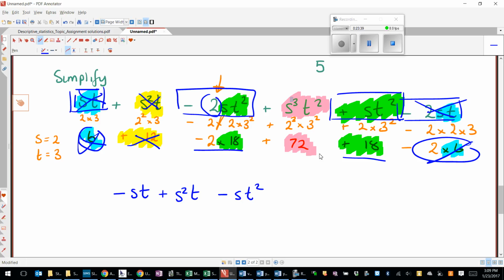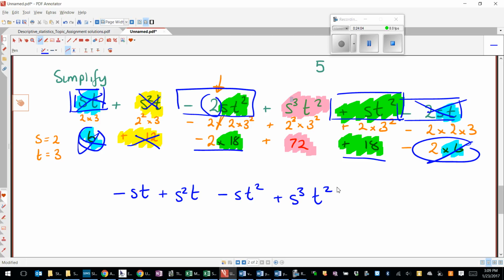And then finally, the s cubed t squared, there is nothing that goes with it. Okay? So, basically, I'm not finished. What you have to do, Ava, concentrate.